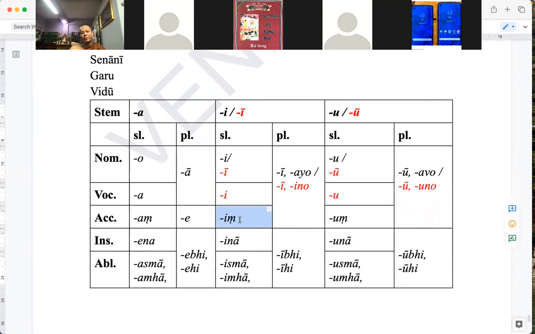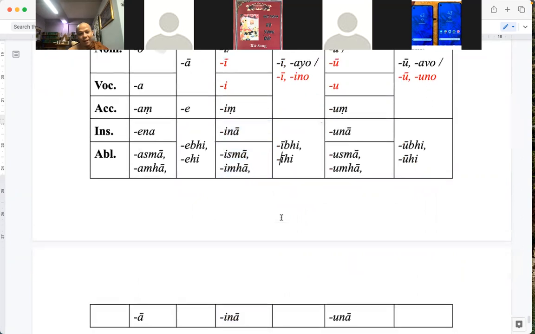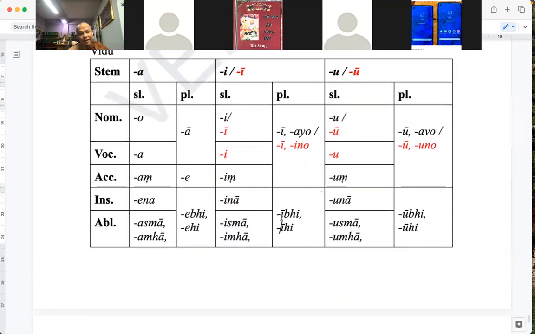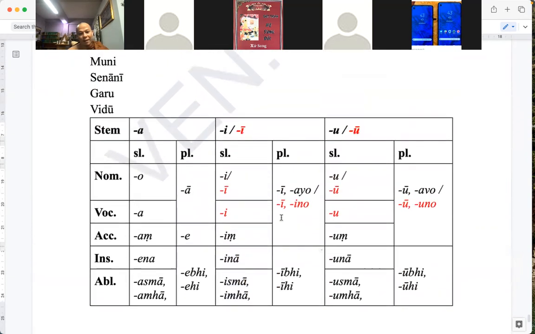For plural, Munino. Instrumental is munina.